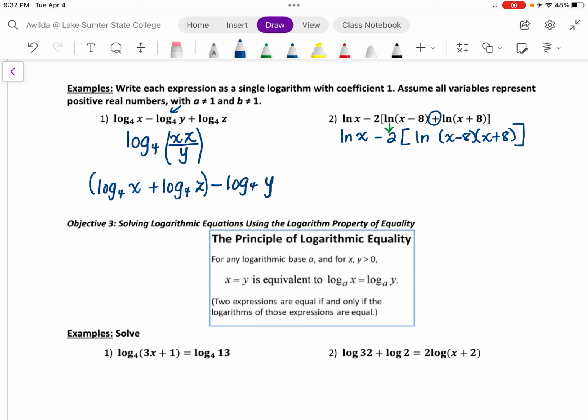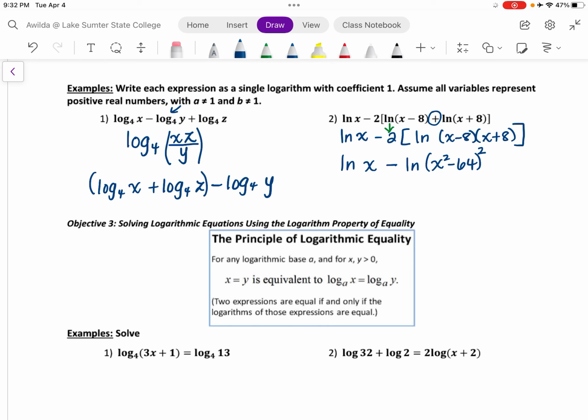Using the power rule, we can write this as natural logarithm of x minus the natural logarithm of, and here we can actually go ahead and multiply x minus 8 times x plus 8 and write it as x squared minus 64. And that 2 in the front as a coefficient can come up and become the exponent on the argument.